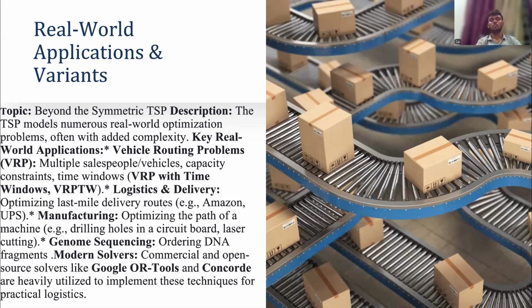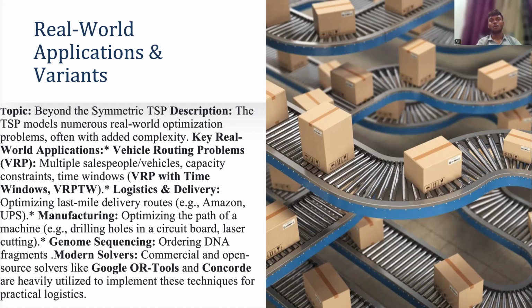Real-world applications and variants. Beyond the symmetric TSP: the TSP models numerous real-world optimization problems, often with added complexity. Key real-world applications: vehicle routing problems, VRP, multiple salespersons or vehicles, capacity constraints, time windows, VRP with time windows, VRPTW. Logistics and delivery: optimizing last-mile delivery routes, Amazon, UPS.